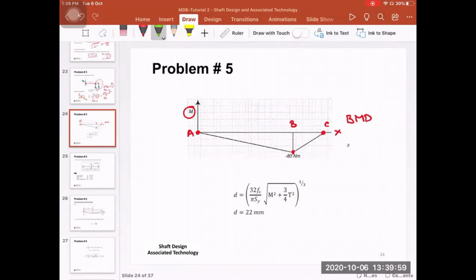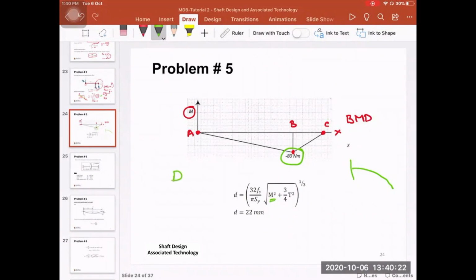That's why it is negative here, because the bending is in this direction. It doesn't matter the direction or the negative sign, because normally we have the bending moment squared here. So either you substitute the value as 80 or negative 80, you will eventually get the same answer.